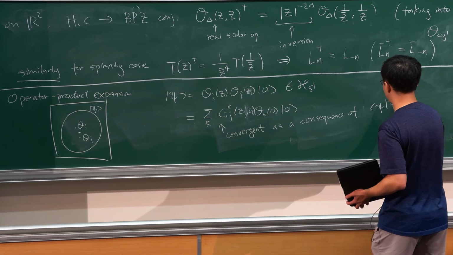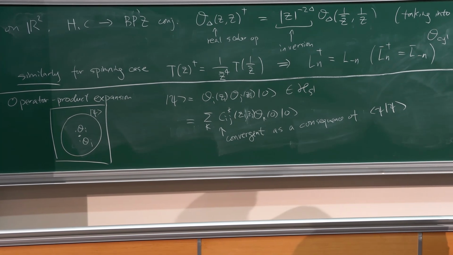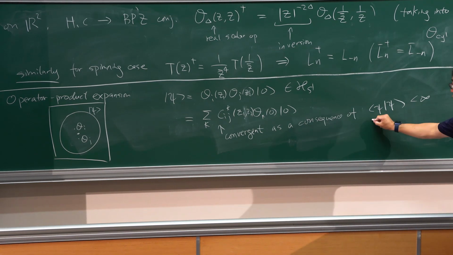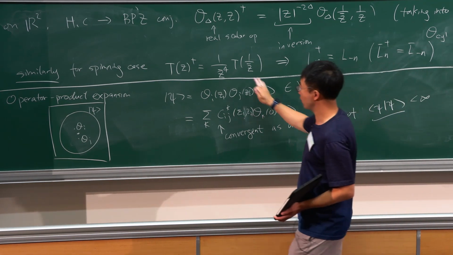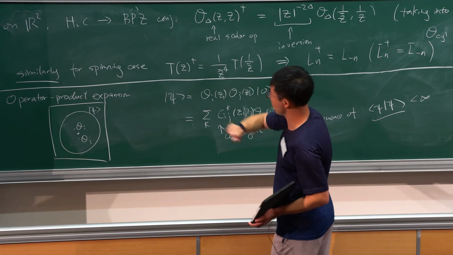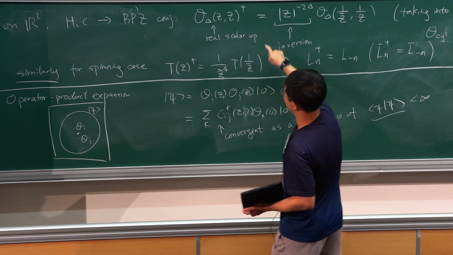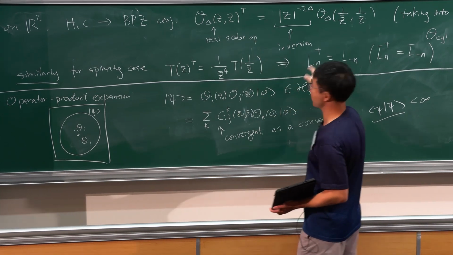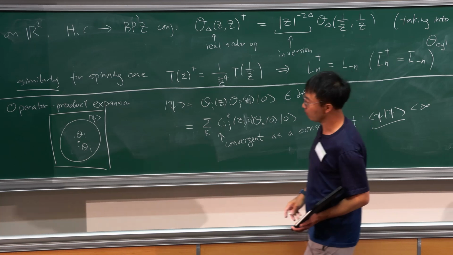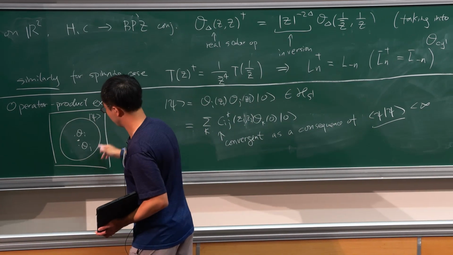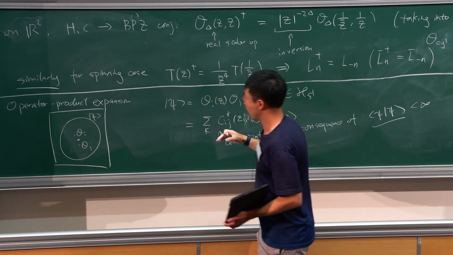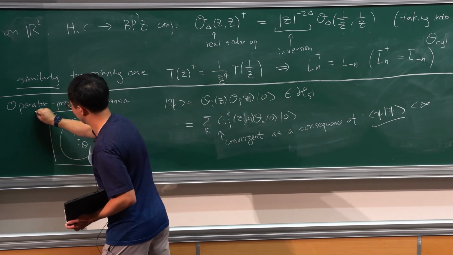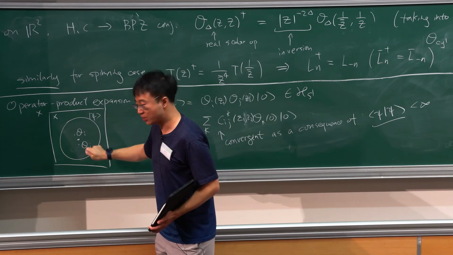Namely, if you take the inner product of psi with its Hermitian conjugate, this is finite. And the reason that this is true is because when you take the Hermitian conjugate of a state, you get vacuum on the other side, and these operators are mapped by BPZ conjugation to operators inserted at the inverted points. And by inversion with respect to the circle, these operators correspond to operators inserted elsewhere, that are separated from these insertions.